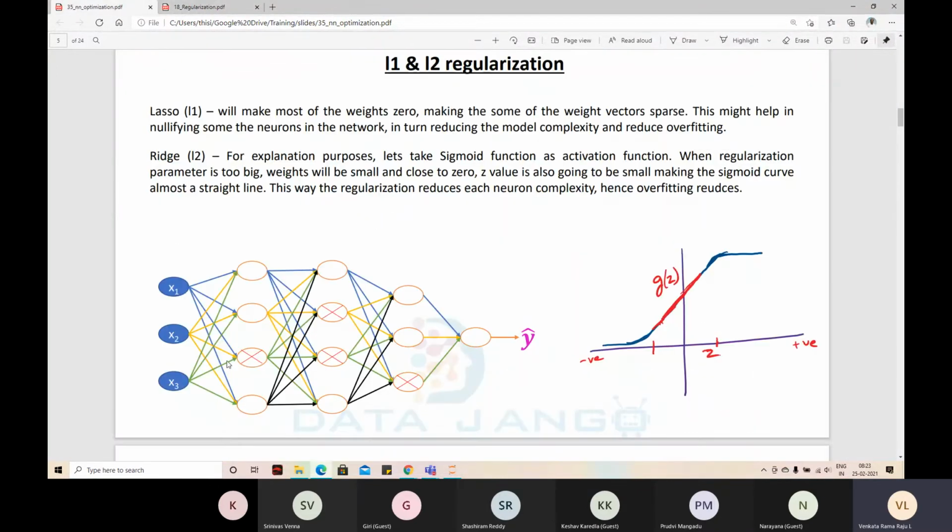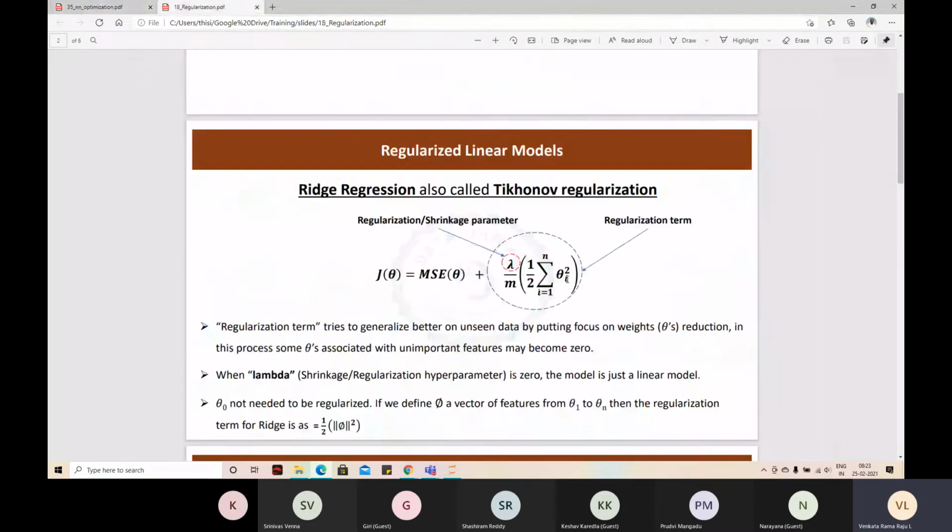But here, for each node, 4 3s is 12. Here 4 4s is 16. Here again 3 4s, right? Whatever, that whole thing we will square and sum. That is kernel regularizer.